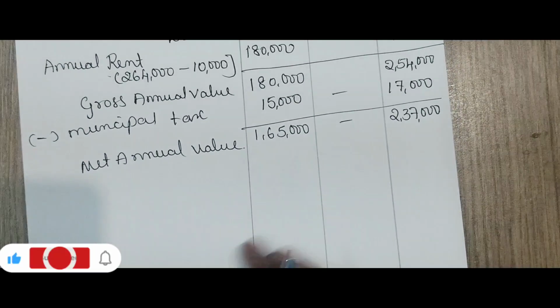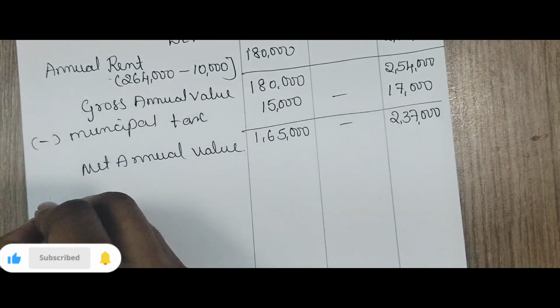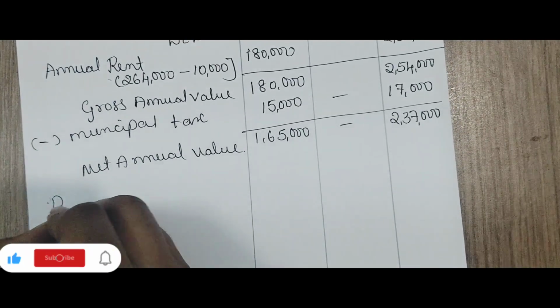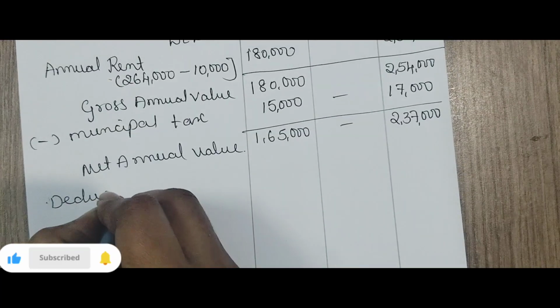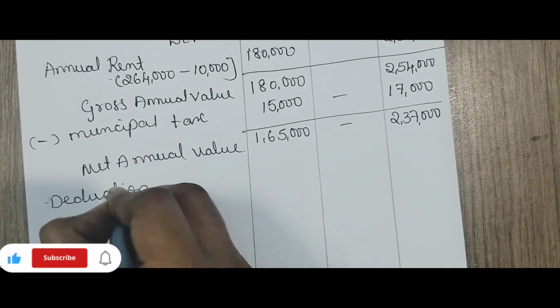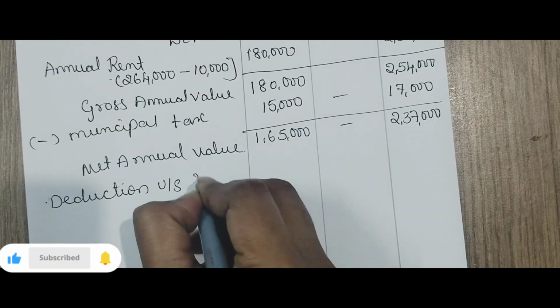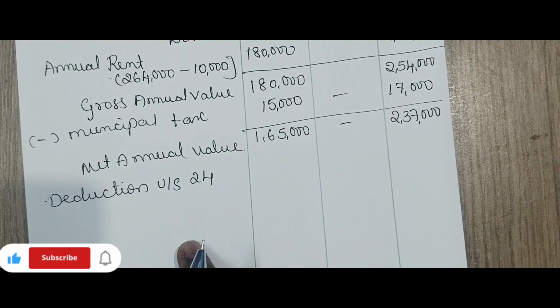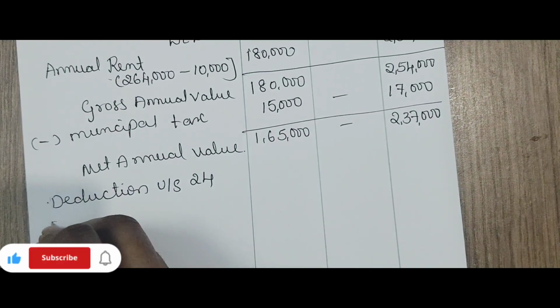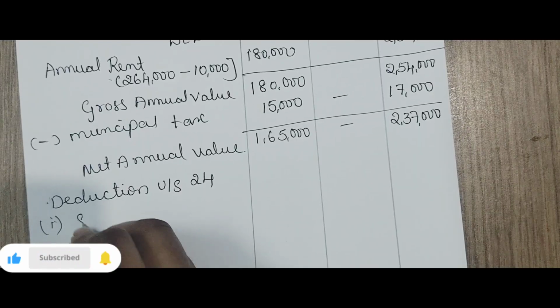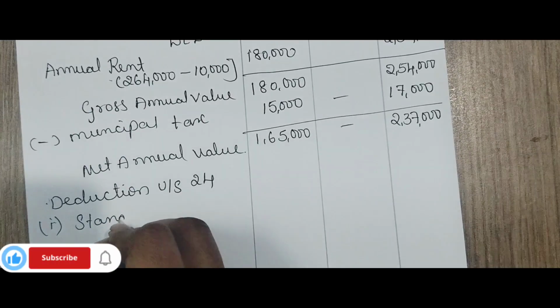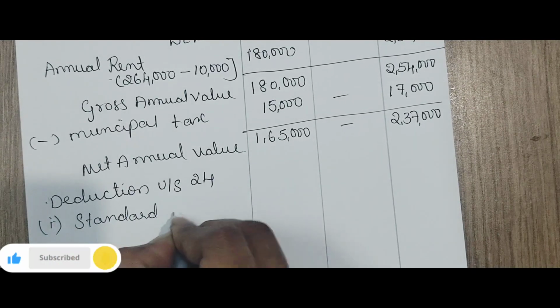Now you need to take the deductions under section 24. Under the first one, standard deduction.